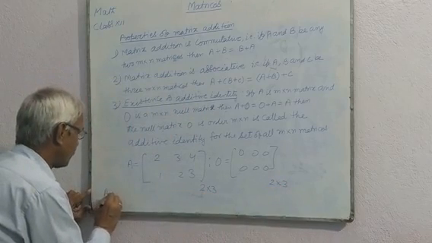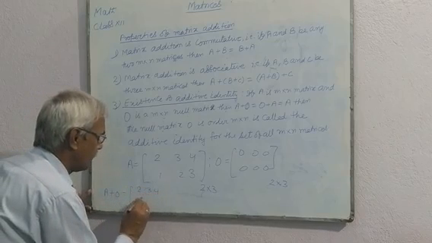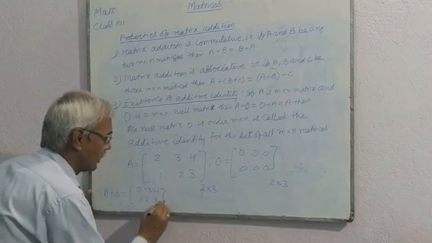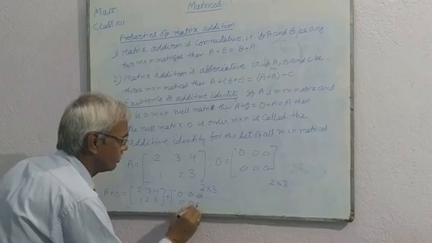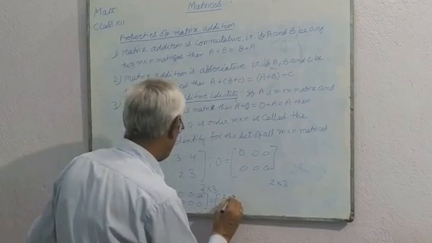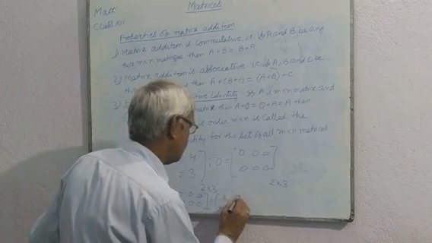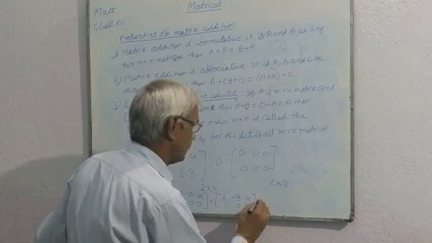Then A plus O equals 2, 3, 4, 1, 2, 3 plus 0, 0, 0, 0, 0, 0, which equals 2, 3, 4, 1, 2, 3.